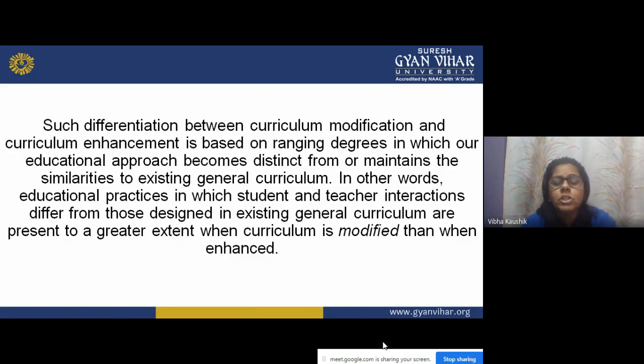We can say educational practices, all the practices that are going on in the teaching-learning process, in which there is an interaction between the student and teacher, differ from those designed in the existing general curriculum, and are present to a greater extent when the curriculum is modified than when enhanced. These changes can be easily visible when the curriculum has been modified rather than enhanced.